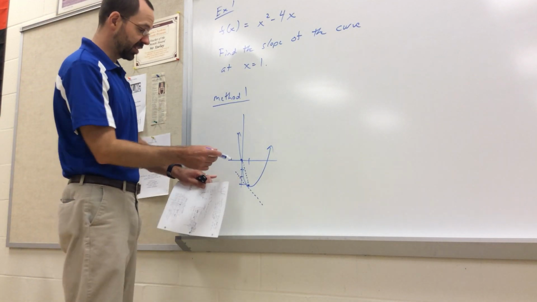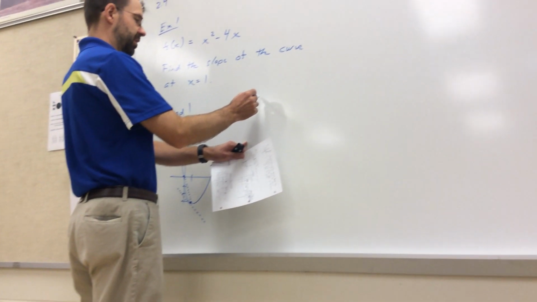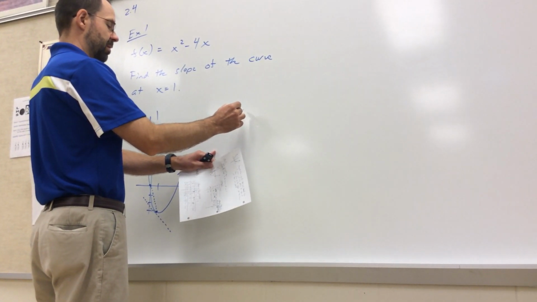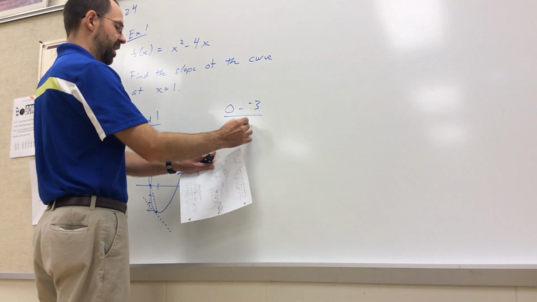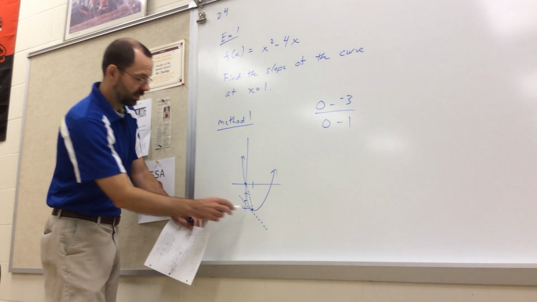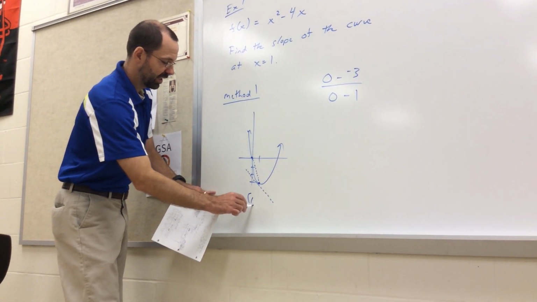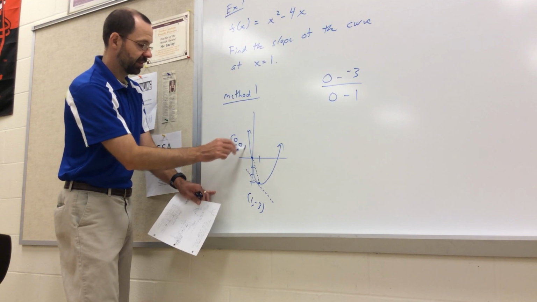Okay, so I'm going to find the slope between (0, 0) and (1, -3). So that's going to be 0 minus negative 3 all over 0 minus 1. Since it was Monday, I got temporarily confused, right? So let me write these points down for a second.